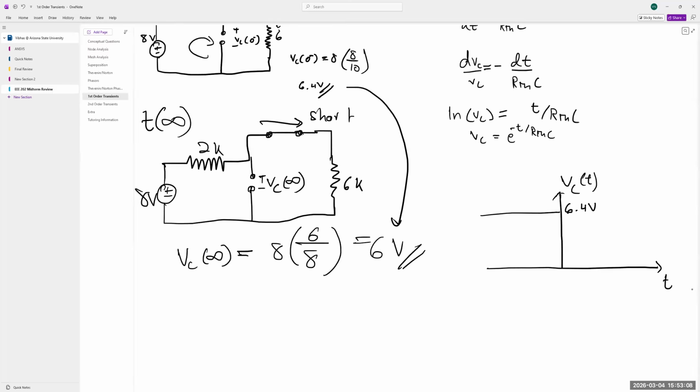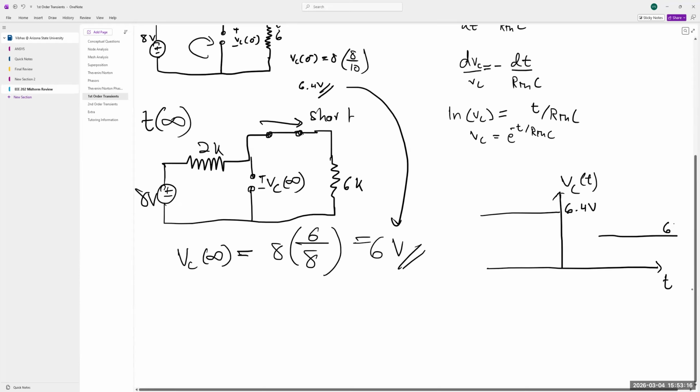But after we let it stabilize for a long time, it reaches 6 volts. So the value of the voltage across the capacitor drops. The reason it drops, and how much it drops, is that it drops in a fashion like this because the drop is a solution of a differential equation, which we're going to solve right now, right?